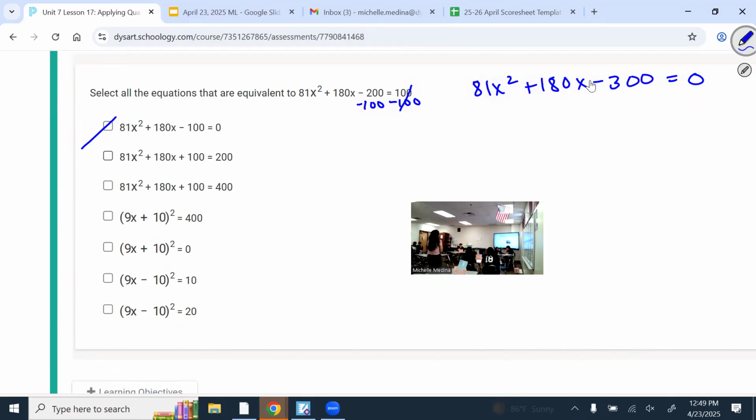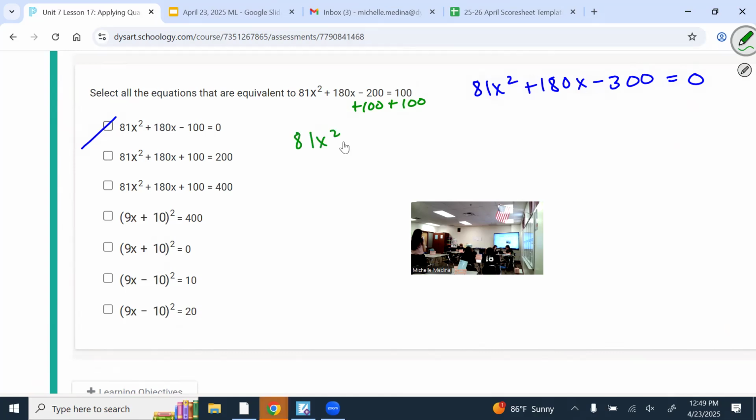For this one, comparing it to my original, it looks like they have it equal to 200 instead. So how can I make the right side become 200? Adding how much? And whatever you do on one side of the equal sign. So doing it that way would make it that.